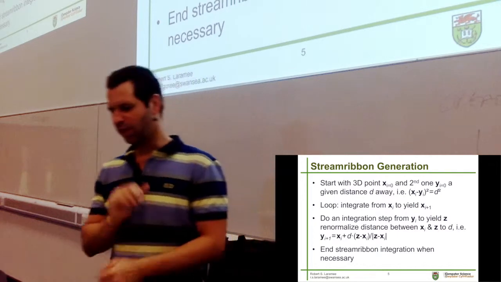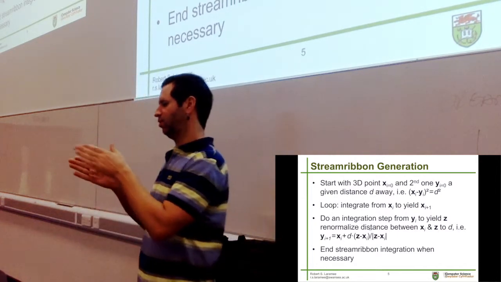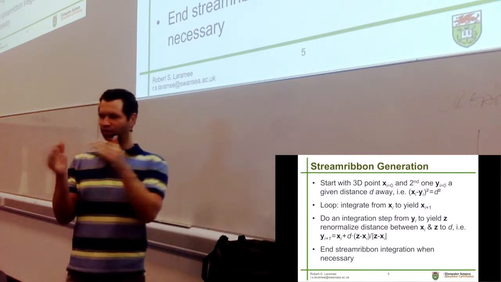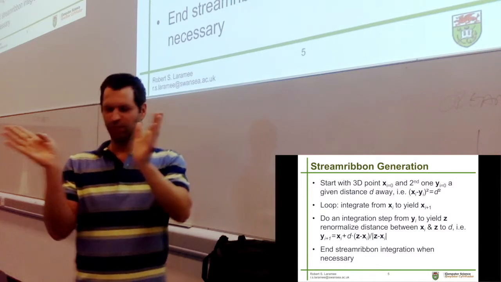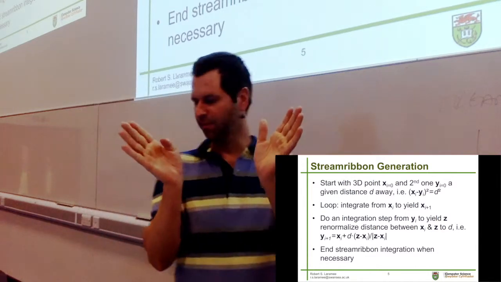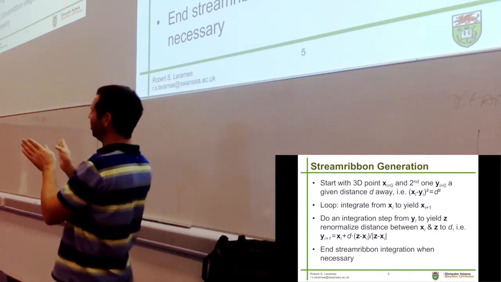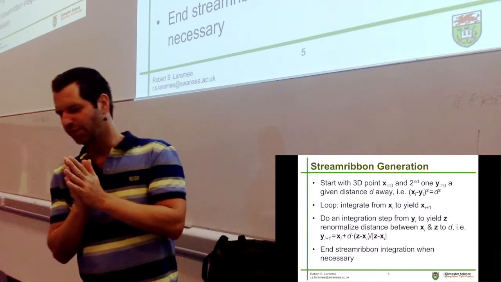And then this renormalize the distance means keep the distance between the first and second streamline constant. It could get closer together, or it could spread apart, which is diverging behavior. But more often than not, it is diverging behavior. And so the position has to be narrowed.